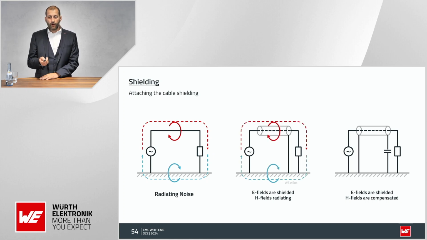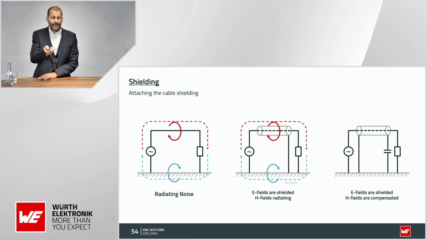Well, first of all, it's not one cable you can see here, it's more a cable tree, so more than one cable. The idea is you have some kind of noise current going on your cable. This current will not go over your shielding because it's only attached on one side and current needs attaching on both sides, so it will go directly back on the common ground, creating a big magnetic field.